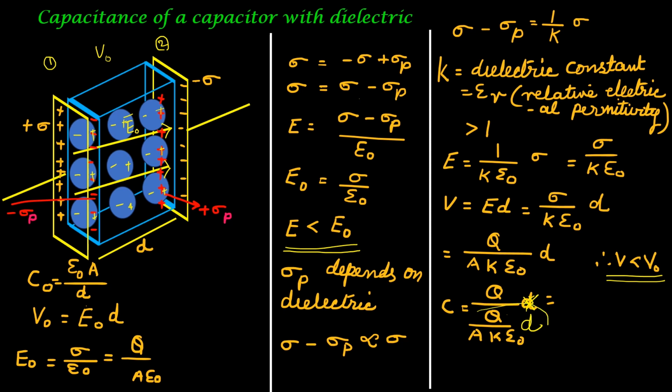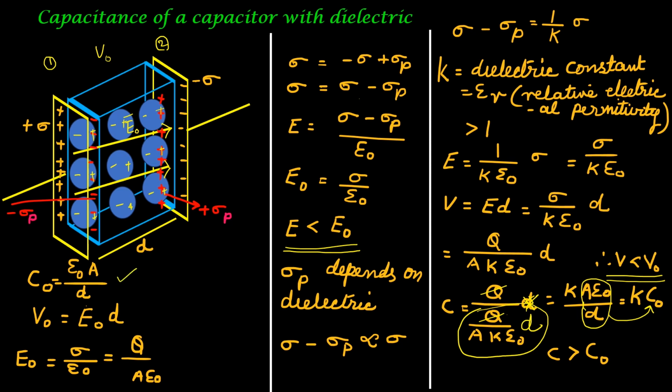This whole quantity is for potential difference, V. Q in the numerator and denominator get cancelled and the equation becomes K A epsilon naught upon D, which is equal to K multiplied by C naught, because A epsilon naught upon D is equal to C naught. So here C is greater than C naught.